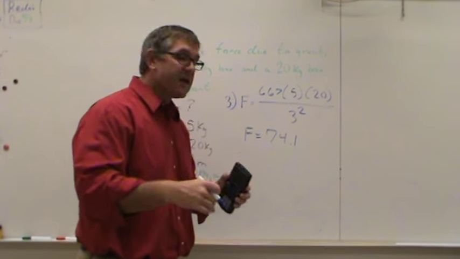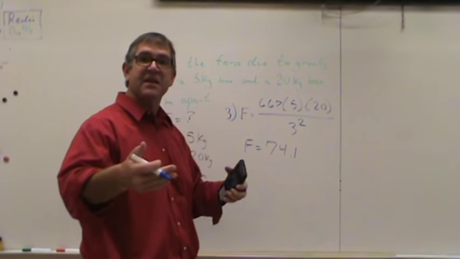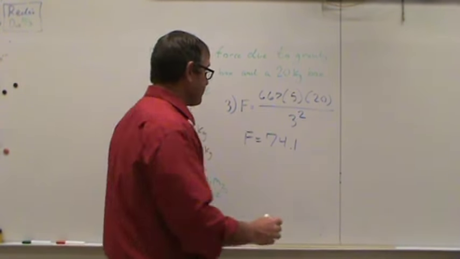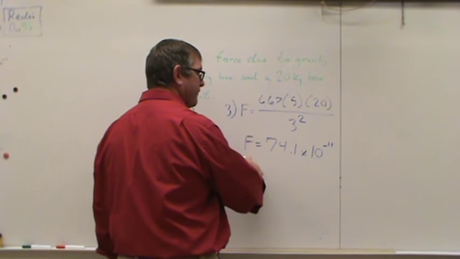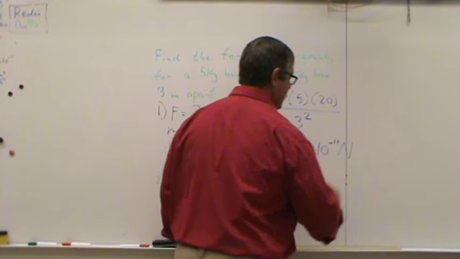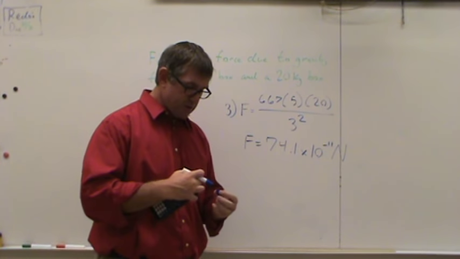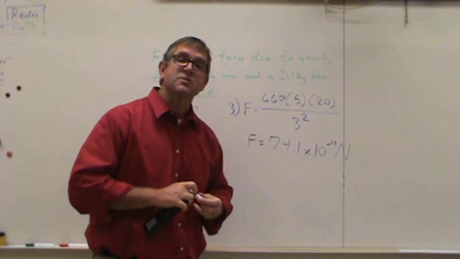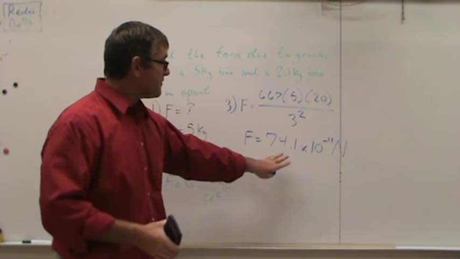Now because of that times 10 to the negative 11th, we tack on that times 10 to the negative 11th right here at the end. And the unit for force is a Newton. Now I know that this is not in true scientific notation, but for this freshman level class and with the students not understanding scientific notation as much, this will be our final answer.